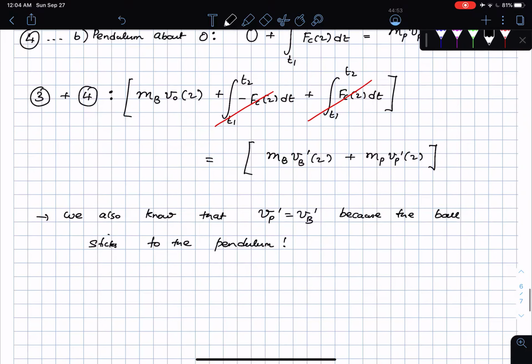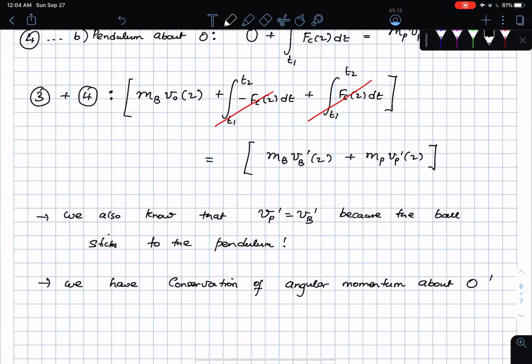Which means that in this situation, since the impulses are cancelled off, we have conservation of angular momentum about the point O. Because you see that the angular momentum before impact is equal to angular momentum after impact. So this is conservation of angular momentum.